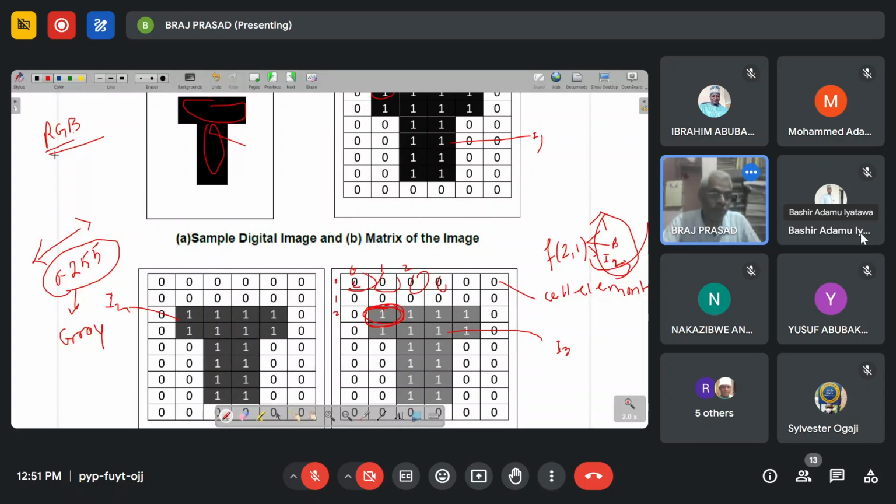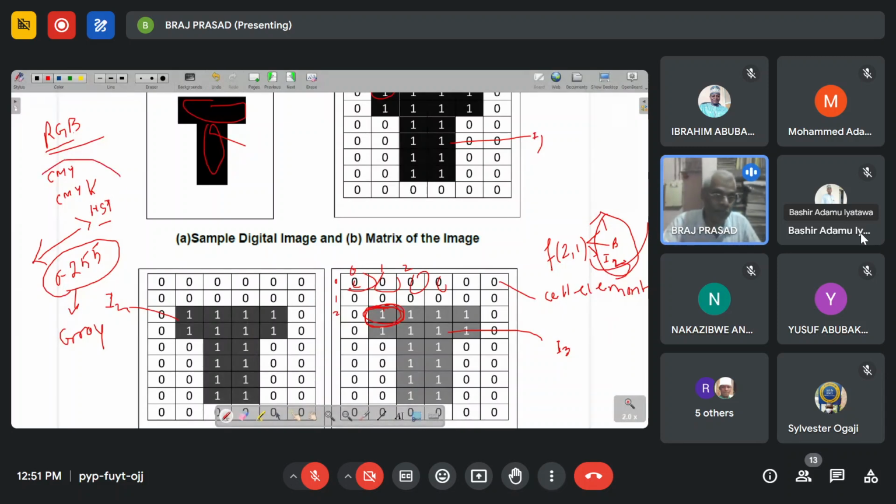And there is another model called CMY, cyan, magenta, and so on, and CMYK, then HSI. We will discuss these topics, which are given in your block 3, I think.